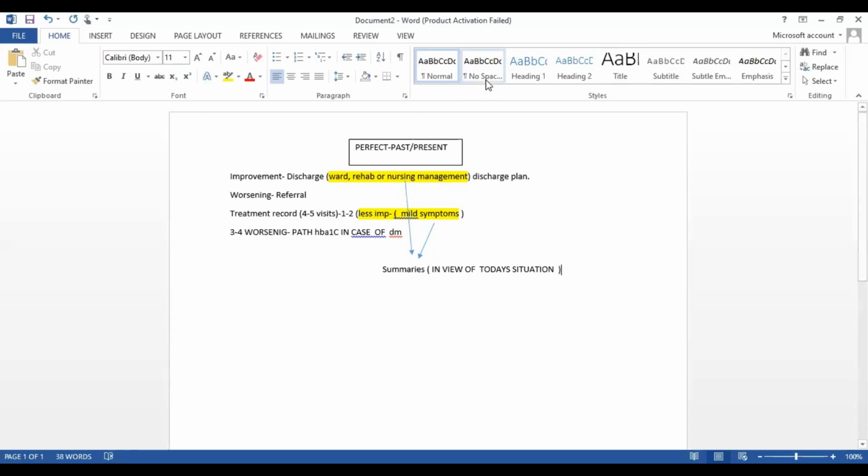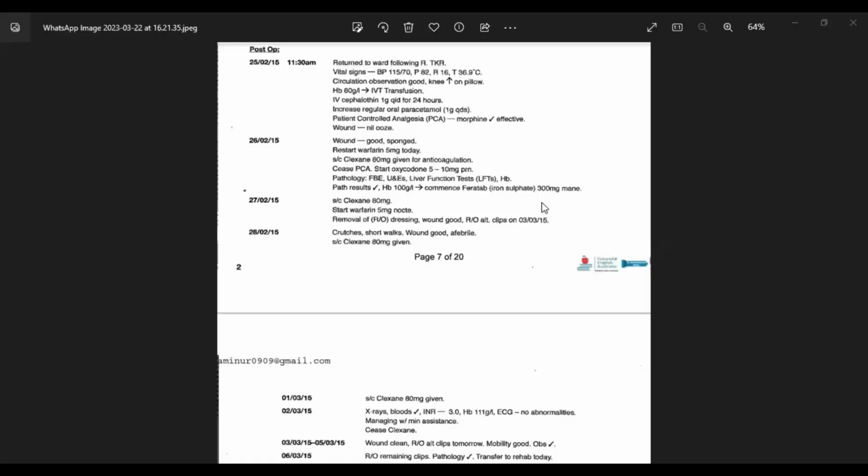So in practice, I'm going to share a task with you. We are going to practice that in a moment. You can see that we have a lot of information in this part. Let's say in this case, the patient is being discharged from the hospital. The patient had a successful right knee replacement surgery.